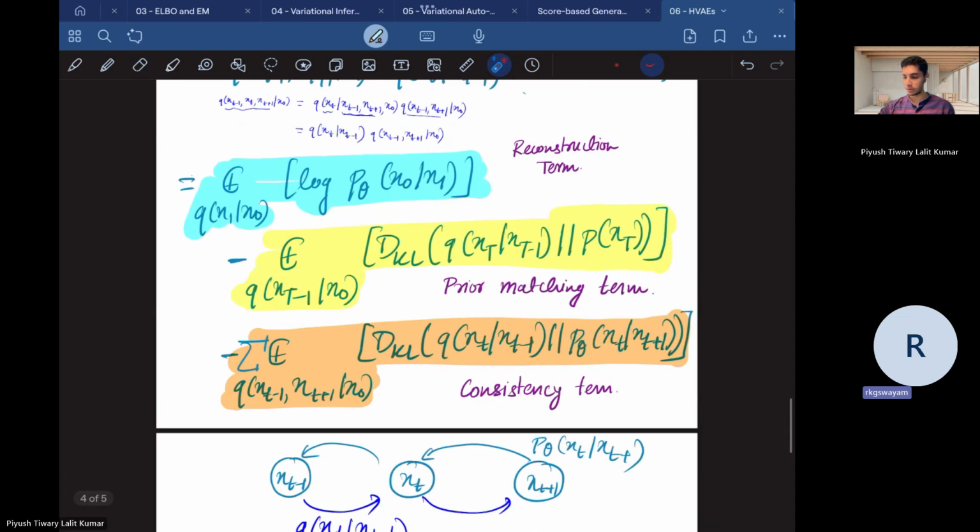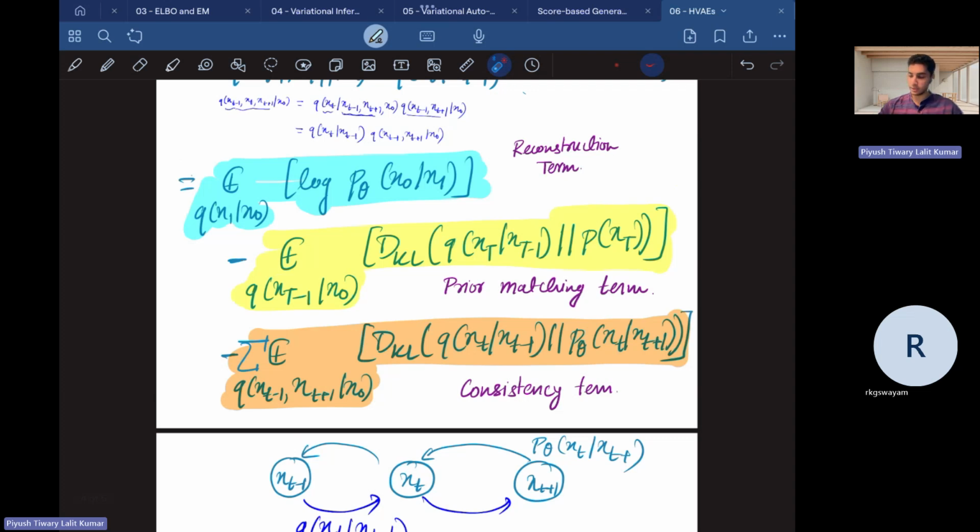Maybe I'll share the paper. This one or something else? Let me see. This is the notes that I was referring to.